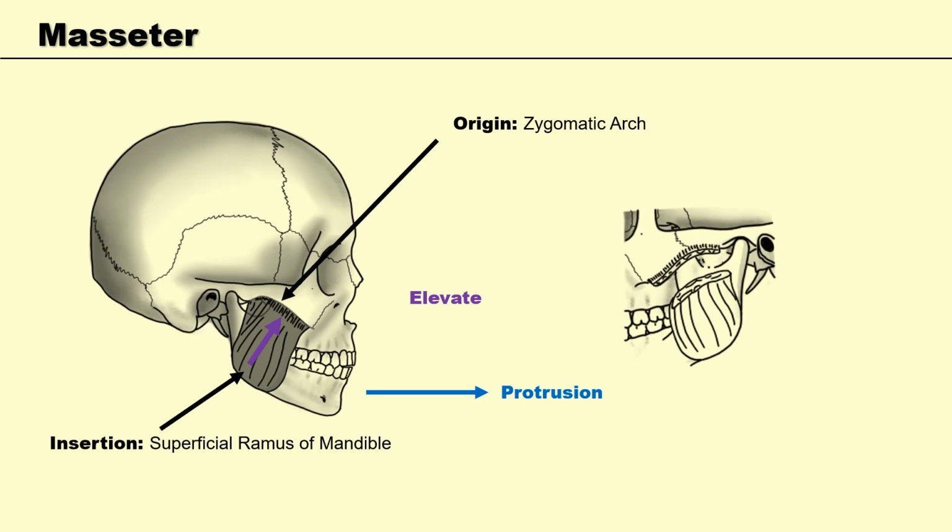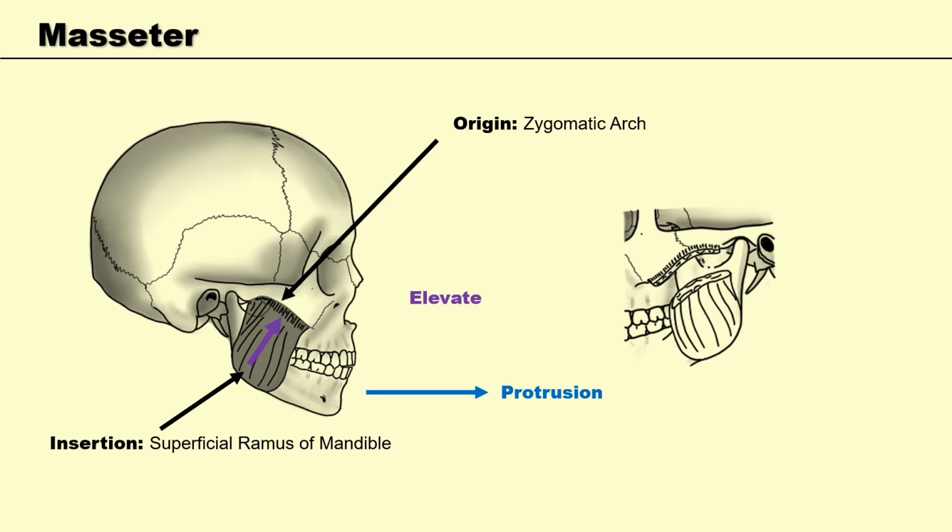When looking at the blood supply and the innervation, we have to transect the masseter and look behind, which is what I have done here. This is the mandibular notch, and the space this creates allows for the passages of the neurovascular bundle.